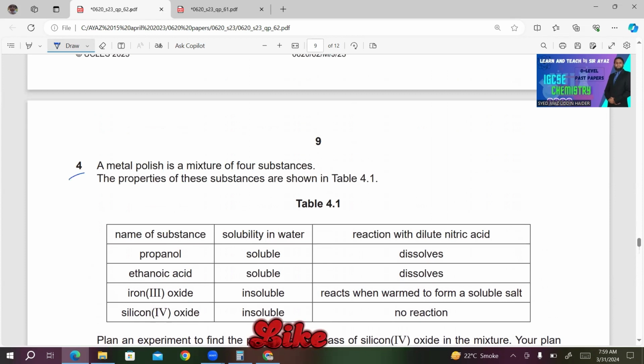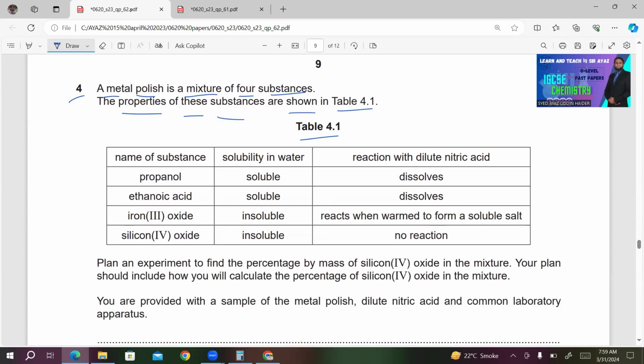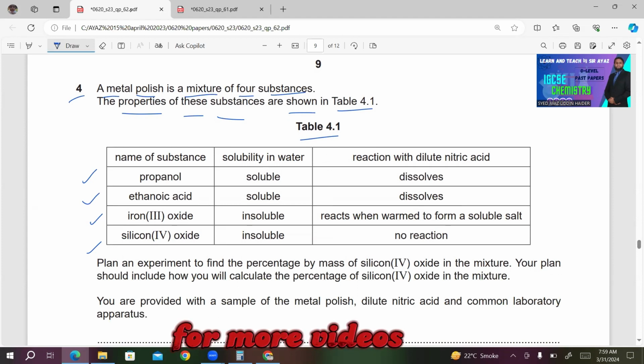Question number 4. A metal polish is a mixture of 4 substances. The properties of these substances are shown in table 4.1. Here's table 4.1. Name of substance: propanol, ethanoic acid, iron 3 oxide, silicon 4 oxide. Propanol is soluble in water and dissolves in dilute nitric acid. Ethanoic acid is also soluble in water and dissolves in dilute nitric acid.